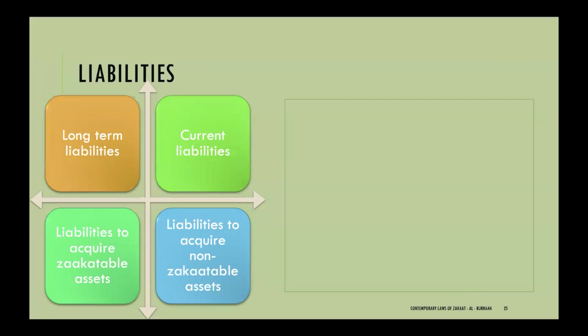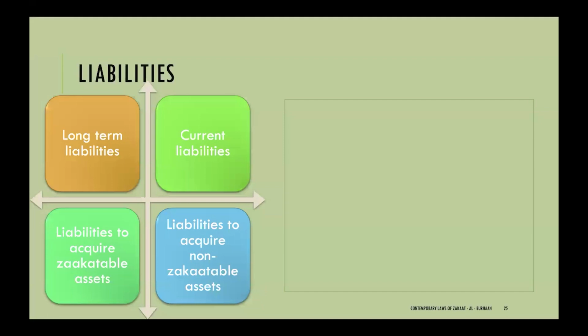Now, in principle, there are certain liabilities that can be deducted from one's zakatable assets in order to determine the zakat base, as we discussed in one of the previous videos, that is to be used to calculate your zakat liability. So as a revision, we took zakatable assets less deductible liabilities, which gave us our zakat base, and we multiplied our zakat base by 2.5% on our zakat annual date, and that gives us our annual zakat liability that needs to be discharged.